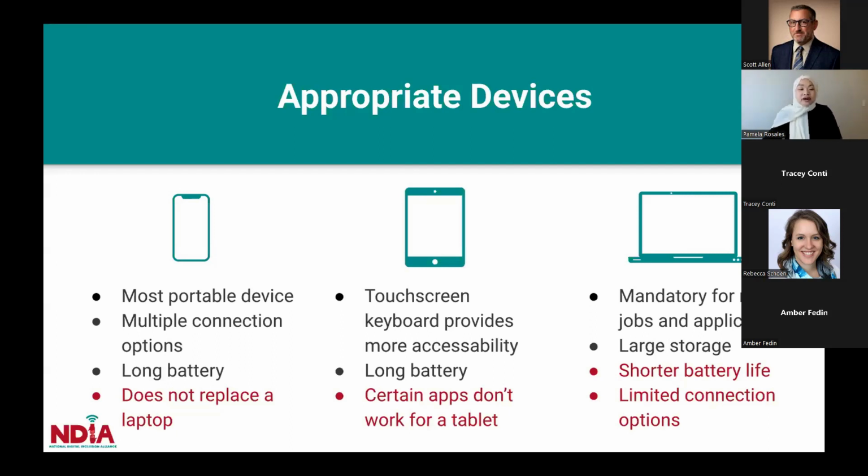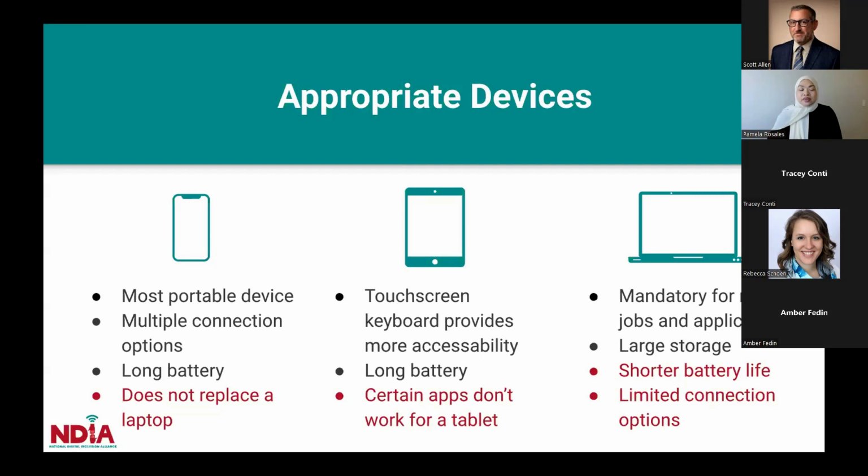And with a laptop, if your community member or your patient is looking to work from home, this is the device that they need. There are software programs that jobs require that can only really be added onto a laptop. They have large storage files, shorter battery life, and affordability wise, out of the 3, this one is the most expensive.